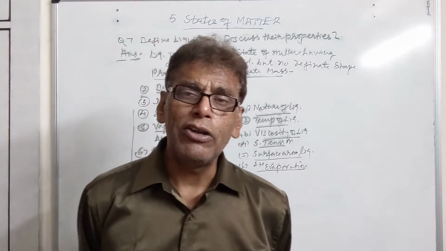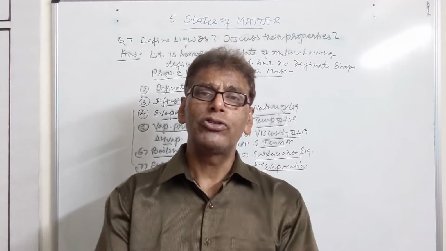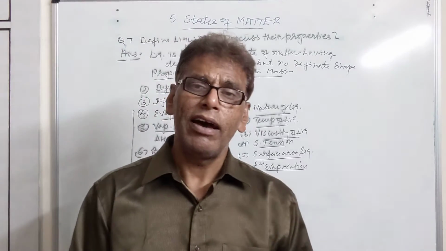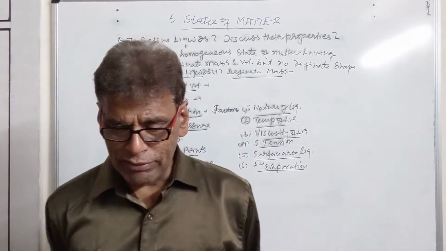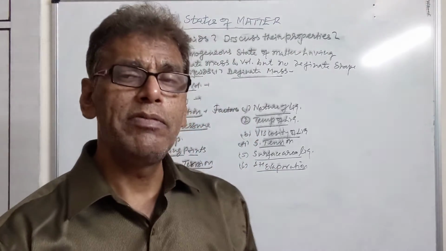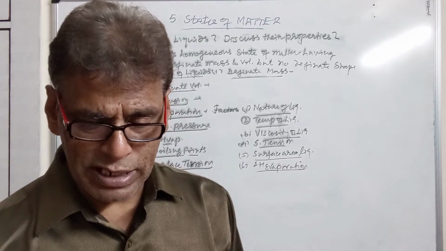Its units are Newton per meter because it is the force in Newton per meter acting perpendicular to the tangential line drawn on the surface of the liquid. Therefore, its units are Newton per meter or dynes centimeter inverse or dynes per centimeter.